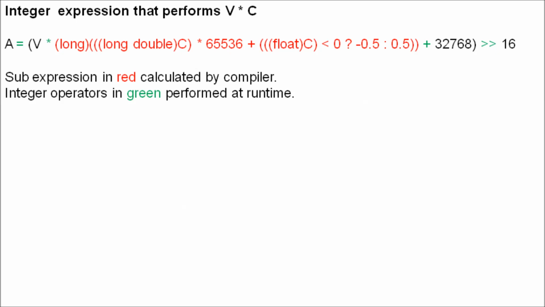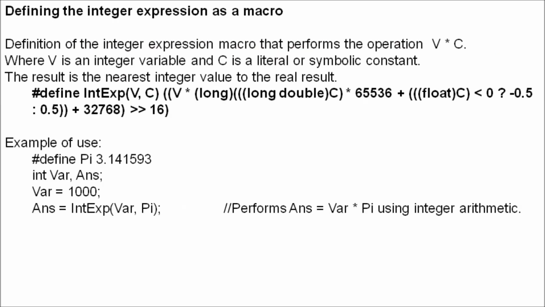The compiler generates runtime machine code that will perform the integer operations shown in green. Using this expression within a program would be rather cumbersome, and when viewed in the listing it would not be immediately obvious that all it was doing is multiplying v times c.